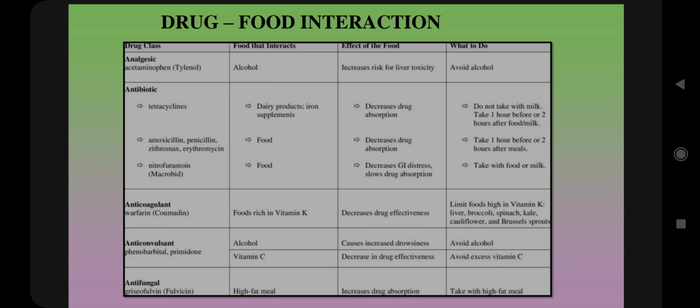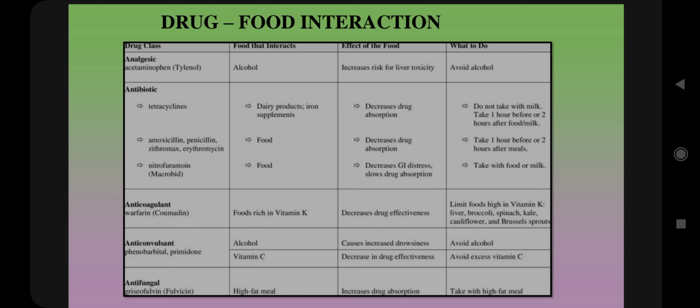Anticoagulant, that is warfarin, has an interaction with vitamin K food, spinach being one example. So that vegetable should not be eaten by the person who is taking this kind of anticoagulant medicine, and this interaction will decrease the drug effectiveness.